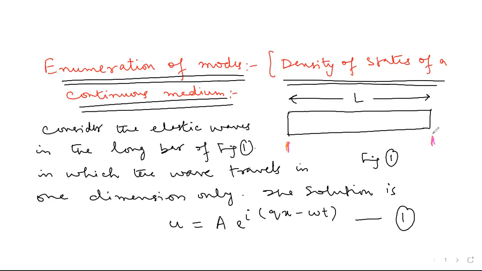Now, given that the length of the bar is L, so if we take origin as being at the left end, so if this is the origin, so here x is 0, and then here x is L, right? So one end means x is 0, second end means x is L, because L is the length of the bar. Now how can then we write the periodic condition?